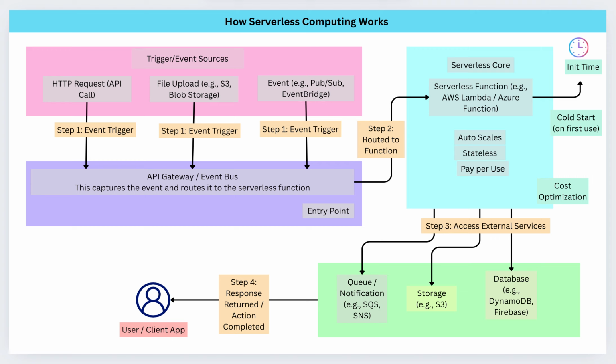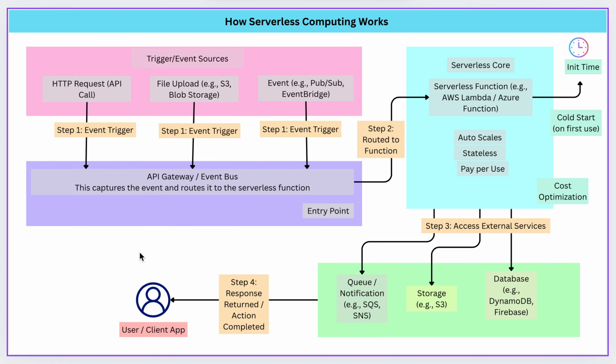Event bus, for example EventBridge, is used for asynchronous or event-based workflows. It routes different kinds of system-generated events to the correct service. This component ensures that events are properly received and directed to the correct logic block.